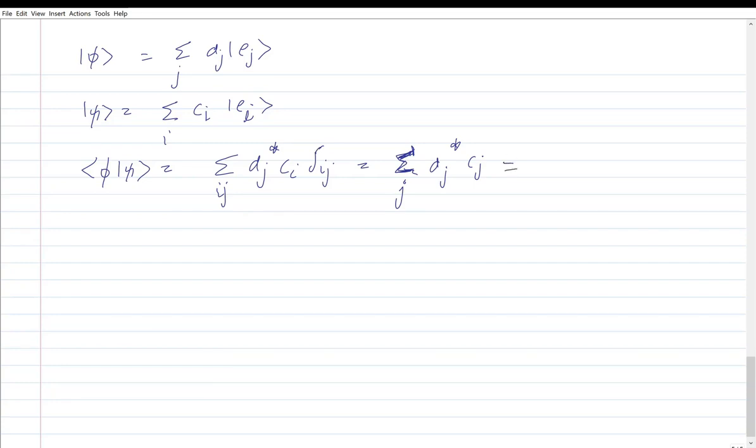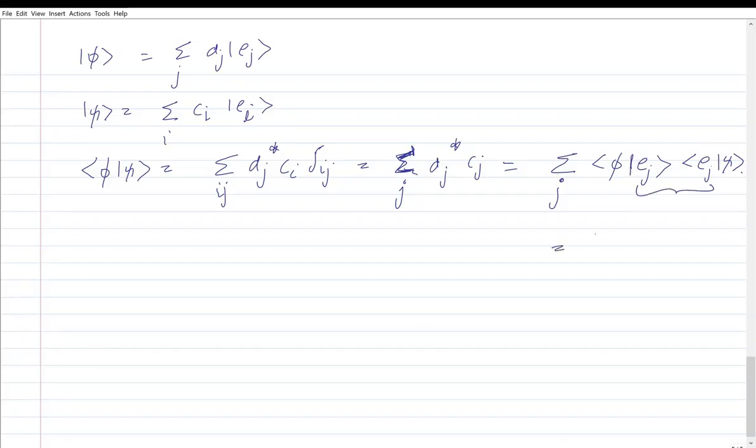That is nothing but the sum over j. What is dj star? Dj star, as we have already seen, is going to be this quantity, and cj star is going to be this particular quantity. And if you look at it, this is just the identity element. This is the sum over the structure, which was the identity.